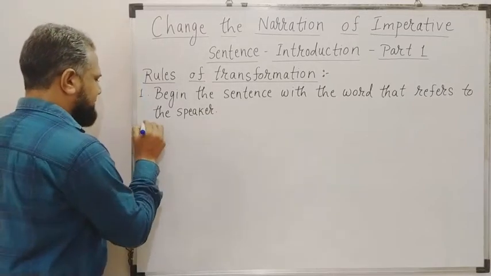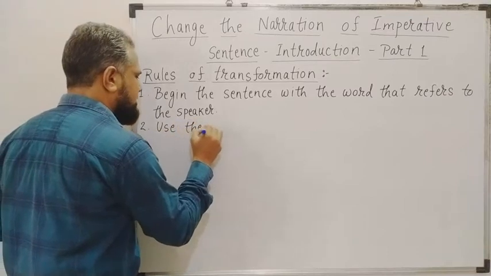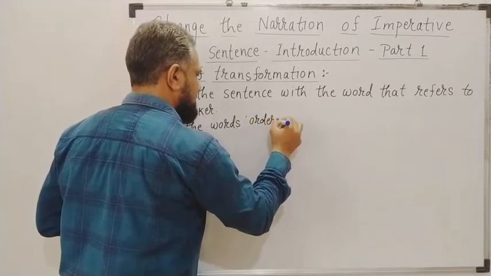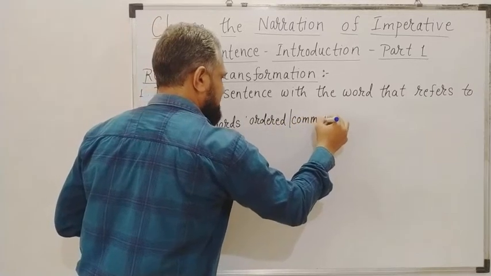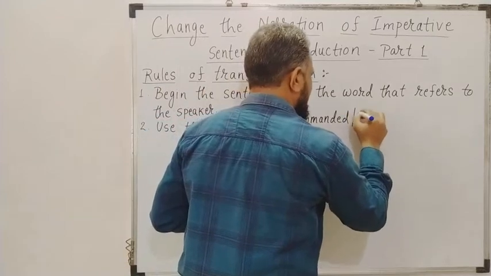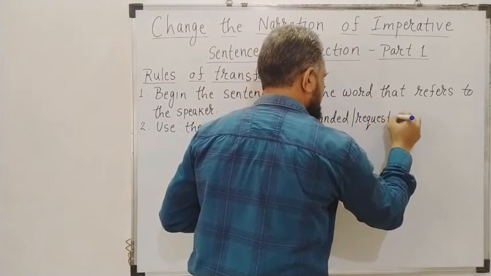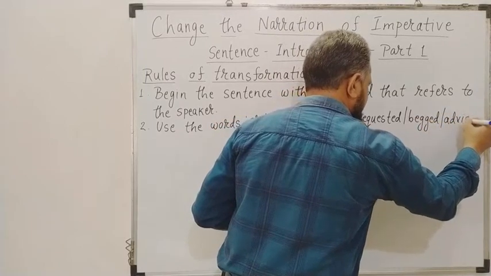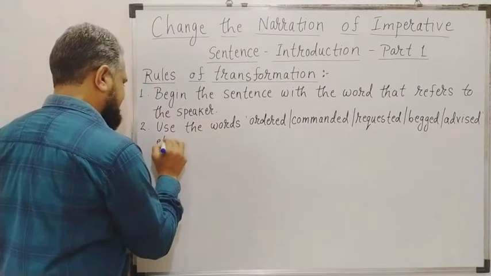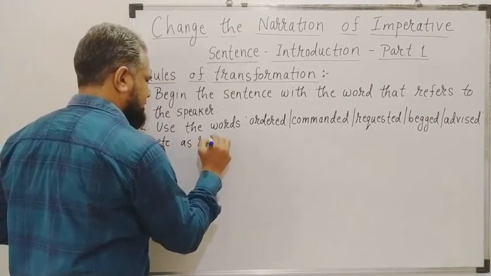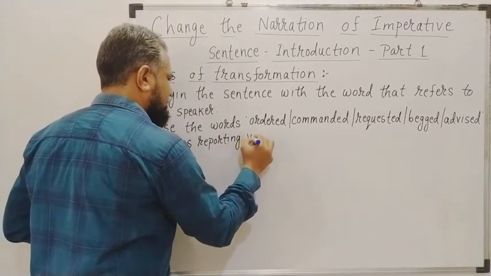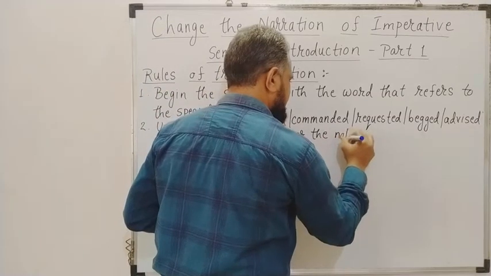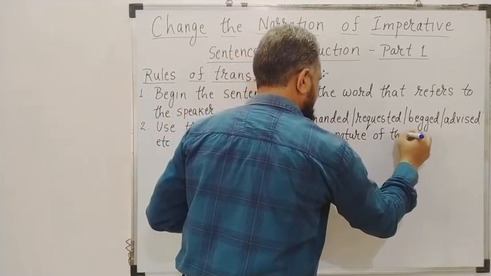Now the second rule says that use the words ordered or commanded or requested or begged or advised, etc., as reporting verb as per the nature of the sentence.